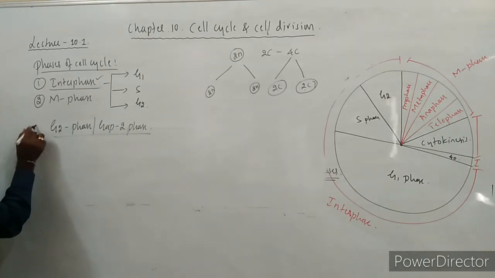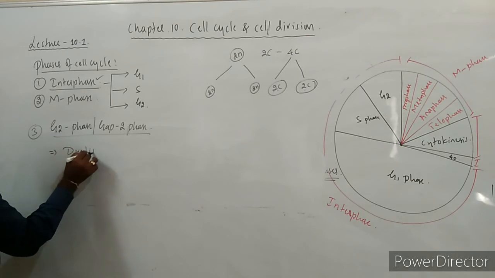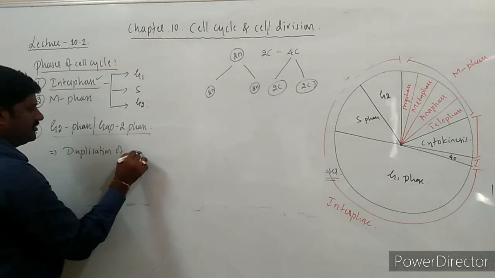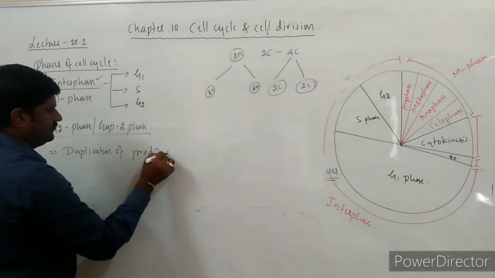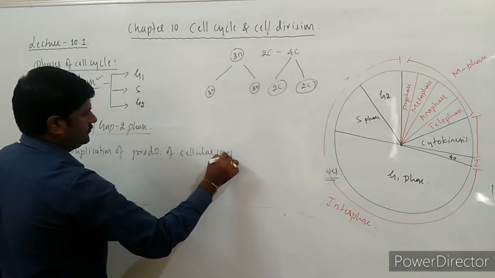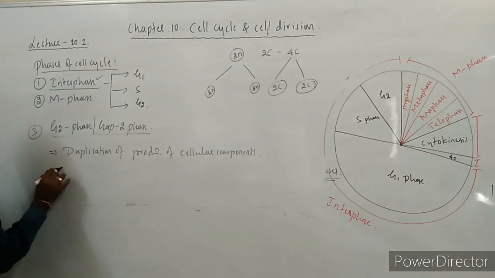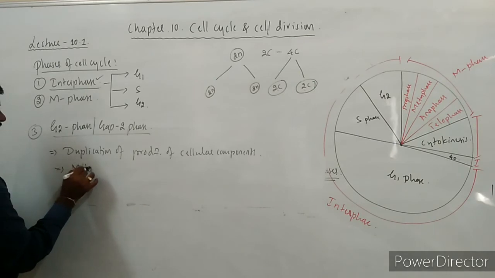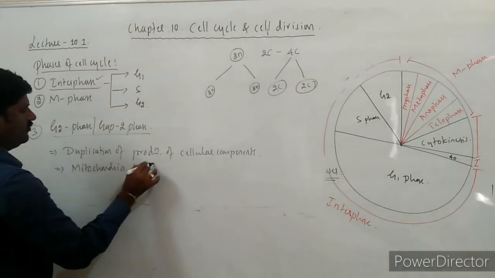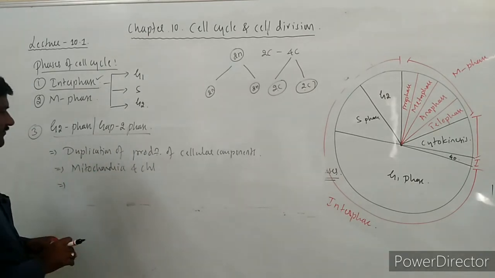In this phase, there is duplication or production of cellular components once again, especially mitochondria as well as chloroplasts, which are duplicated by binary fission.